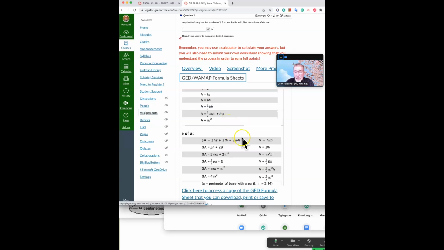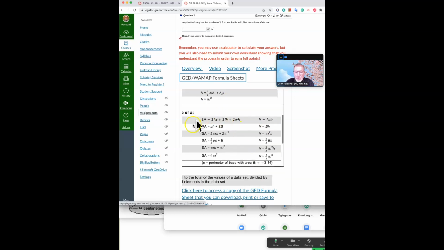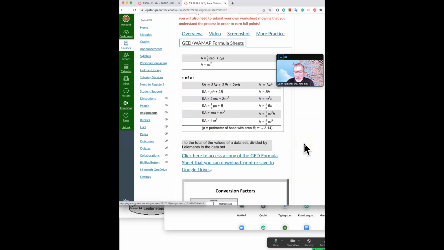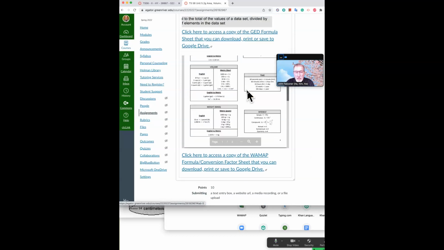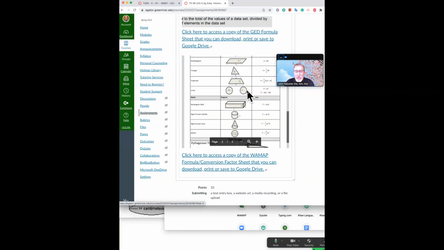volume. And the GED formula sheet doesn't have any pictures on it, so I like to use the WAMAP one, which does have the illustrations.